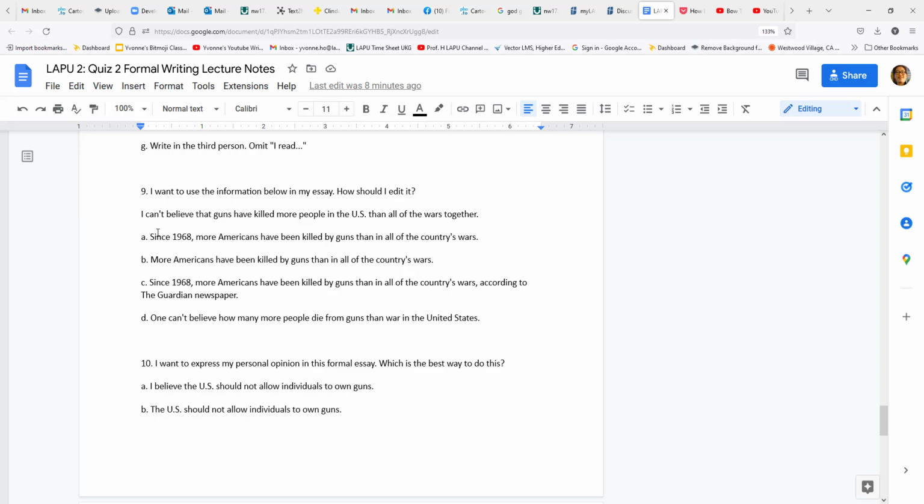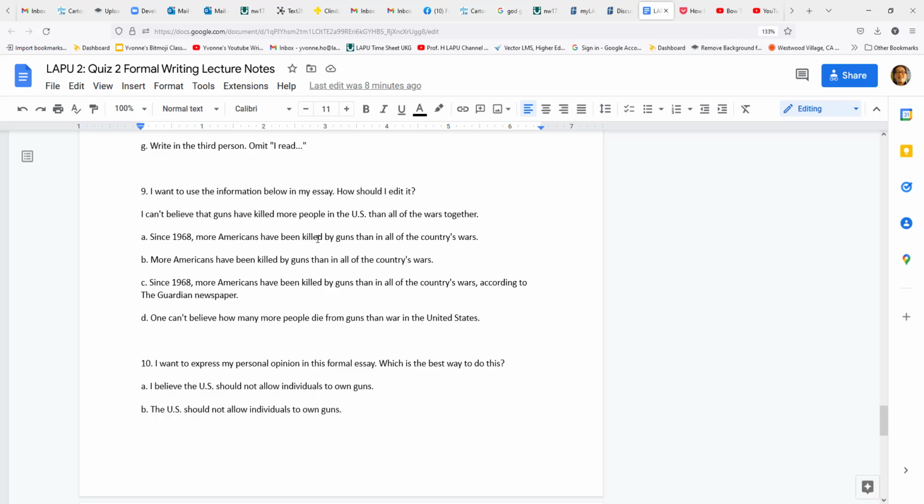So when did this take place? Okay, so here you want to edit this sentence, and so the answer is C. "Since 1968, more Americans have been killed by guns than all of the country's wars, according to the Guardian newspaper." This is correct because it gives you the source, according to.